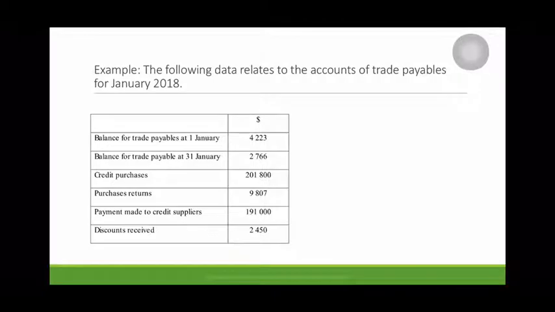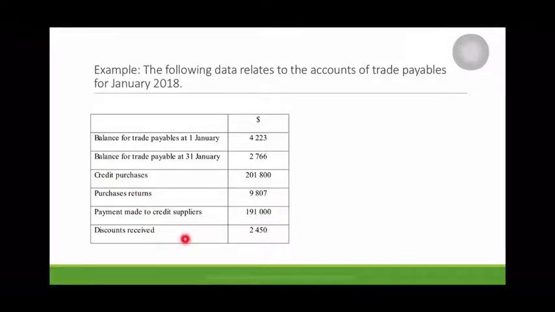Here is a different format of question on control account. It says, the following data relates to the accounts of trade payables for January 2018. They've already included all the data you may need in one table, so instead of looking at all the different source documents to find the information, they've put it for you in one table.